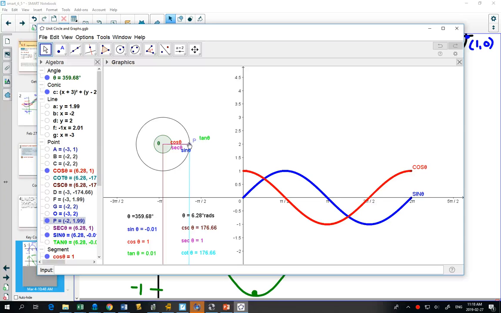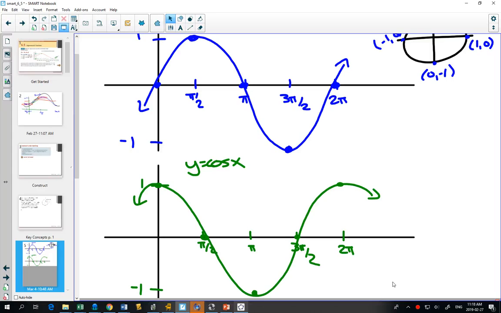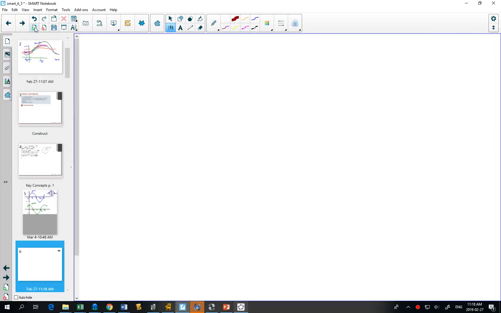If I took my cos graph and I moved it 90 degrees to the right, we'll do it in degrees first. If I move my cos graph 90 degrees to the right, that would be minusing 90 degrees. Would that not shift it 90 degrees to the right?